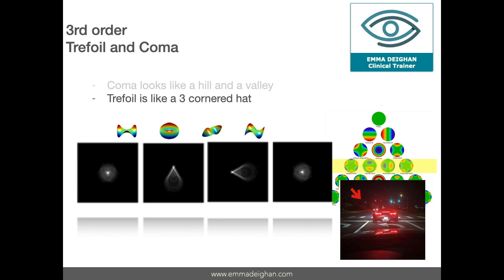That would be a coma term containing both horizontal and vertical. You can see how useful point spread function is for someone describing their vision. They might have a bit of a streak, there might be a bit of a Mercedes symbol in there, and all of these terms will be given values which express how much of each term they have.